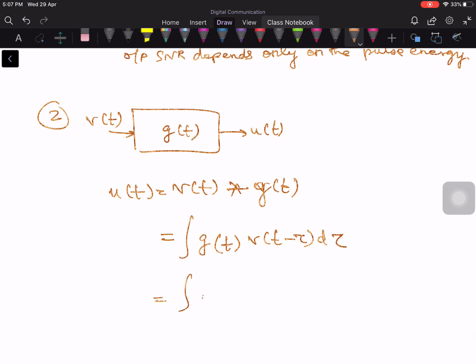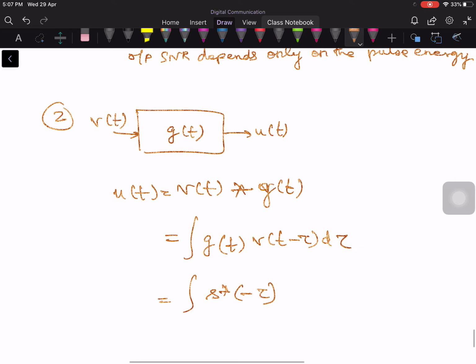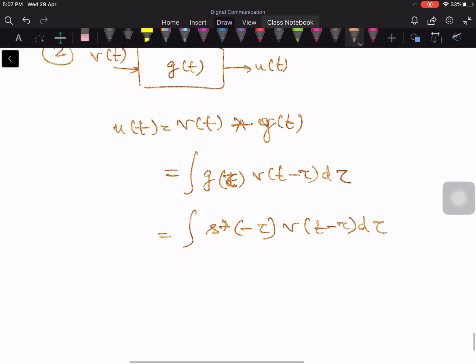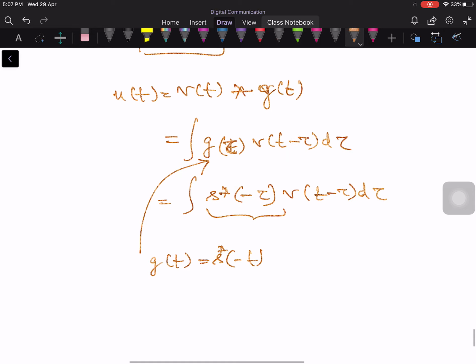G of t equal to S conjugate of minus t, and G of tau equal to S conjugate of minus tau, so that has come here.